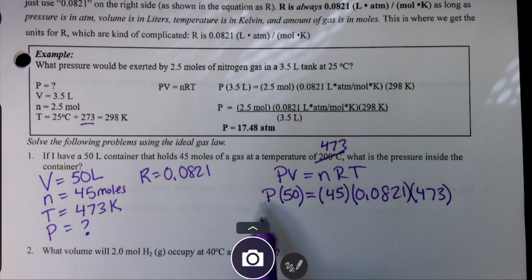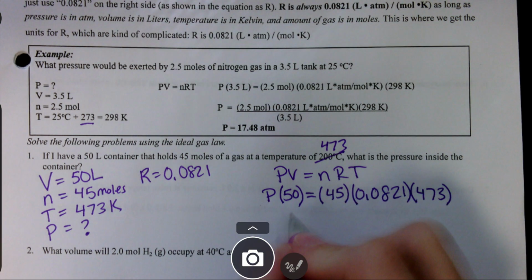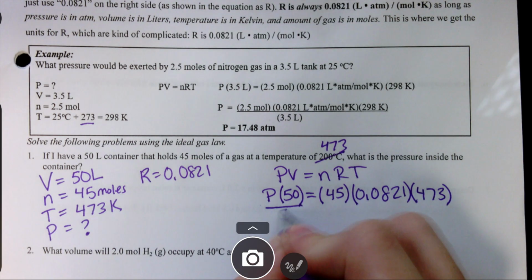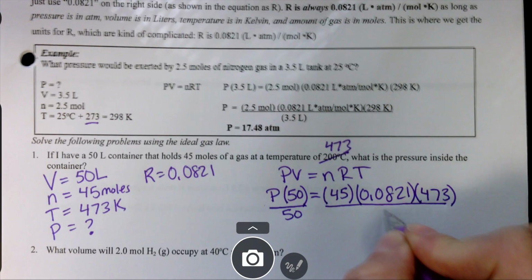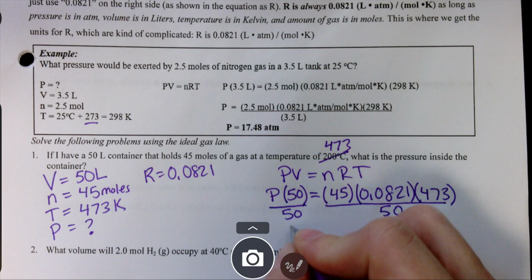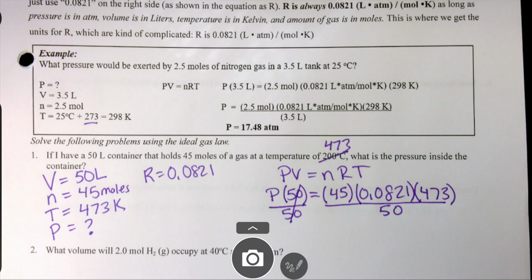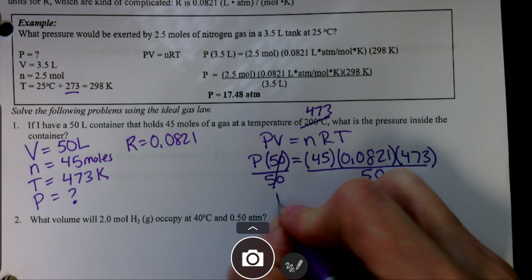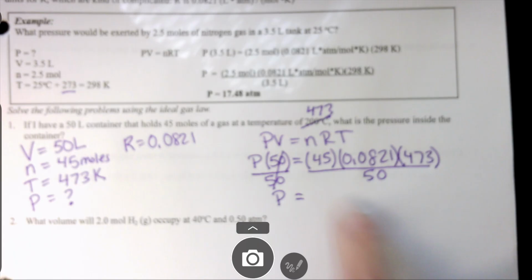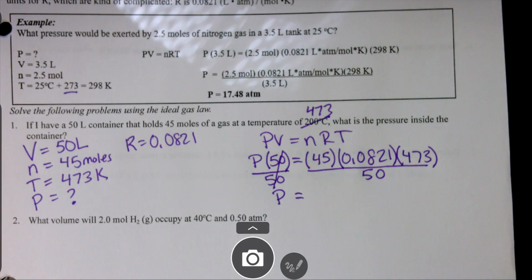I'm just going to go ahead and isolate my P. So to do that, I'm going to divide each side by 50. And then I have one big thing to type into my calculator.